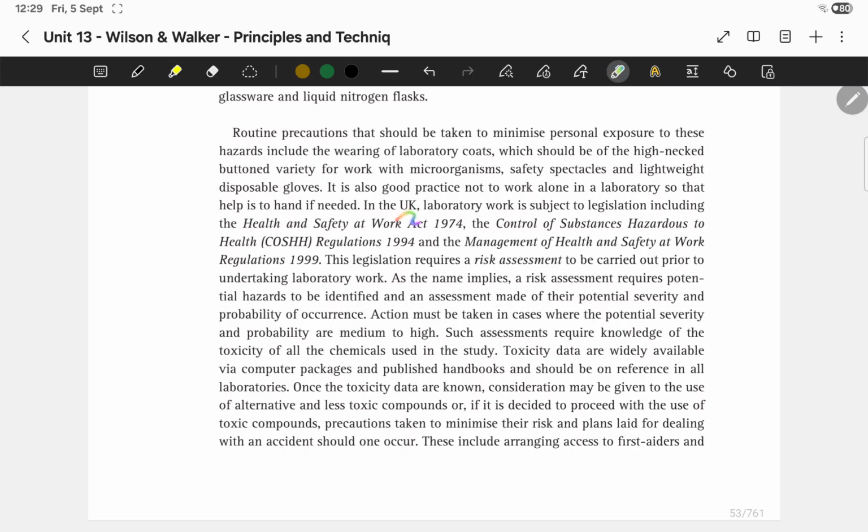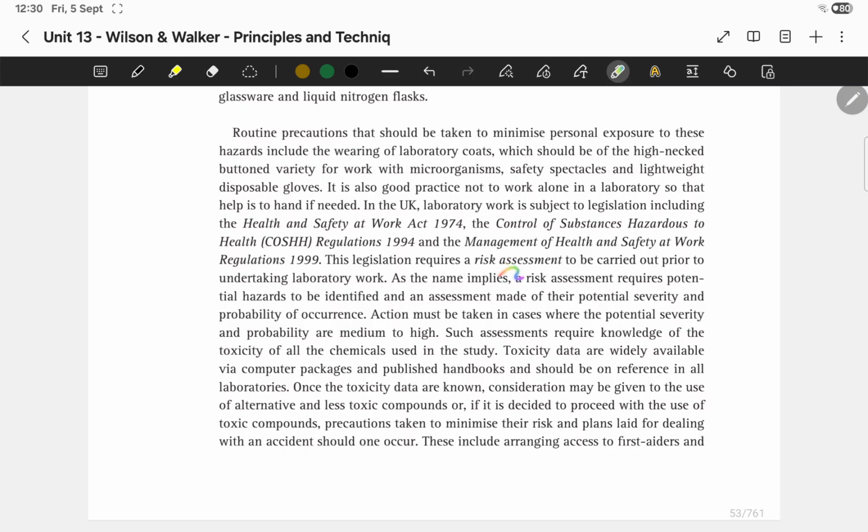In UK laboratories, work is subject to legislation including the Health and Safety at Work Act 1974, the Control of Substances Hazardous to Health Regulations 1994, and the Management of Health and Safety at Work Regulations 1999.